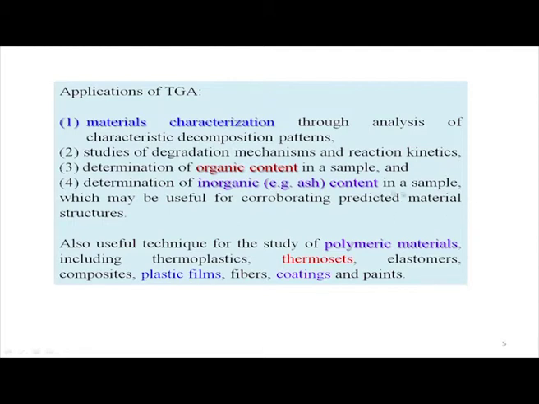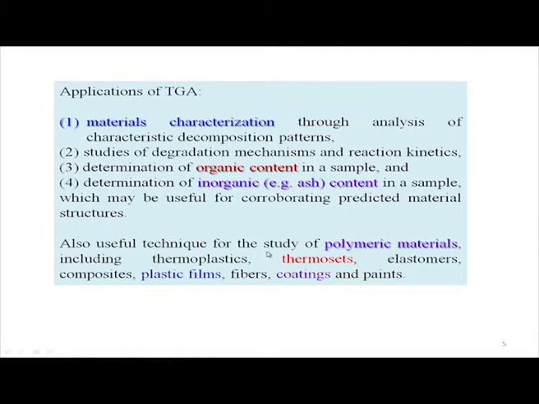Then determination of inorganic content: if the inorganic content is there, it can be converted to some oxide or ash formation in a sample, which can be analyzed by TGA, and it can also predict the corresponding material structures, because all these things are related to the material structures.